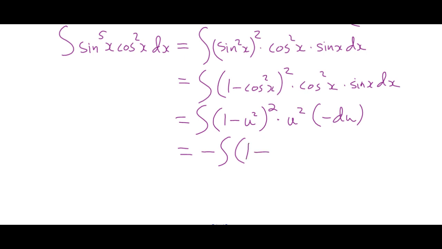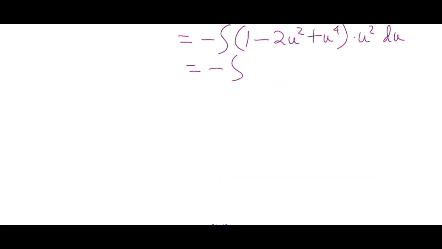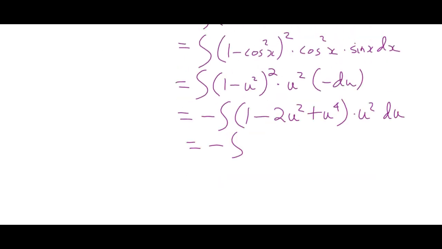So 1 minus 2u squared plus u to the fourth times u squared and the du. Okay, let's take the u squared in there. So we've got minus the integral of u squared minus 2u to the fourth plus u to the sixth du.